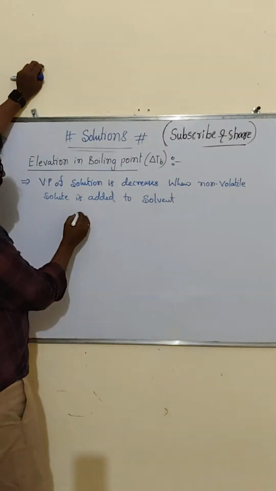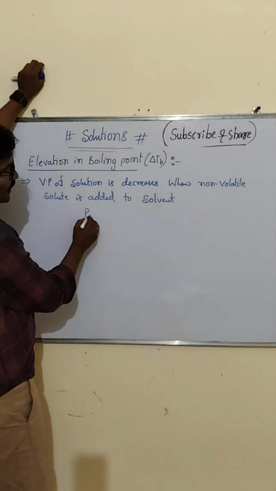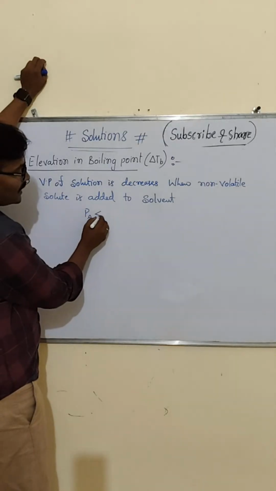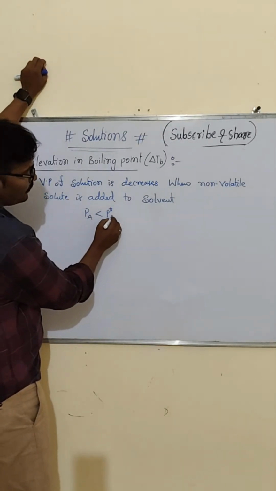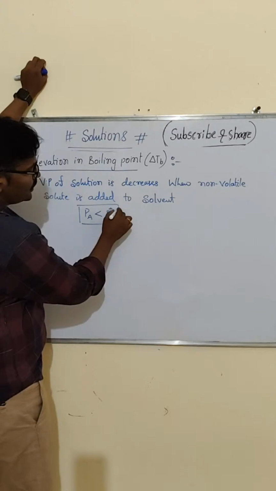So the vapor pressure of solution Pa is less than that of P naught A.